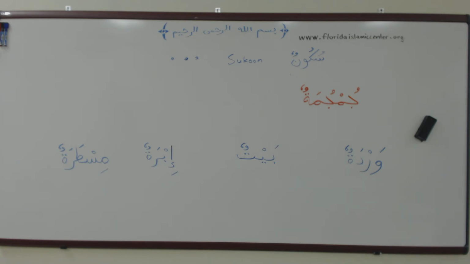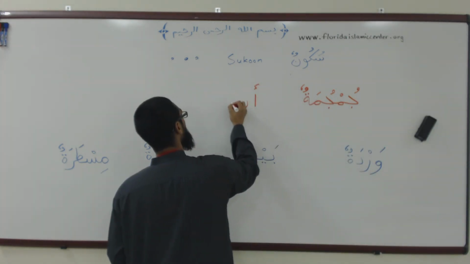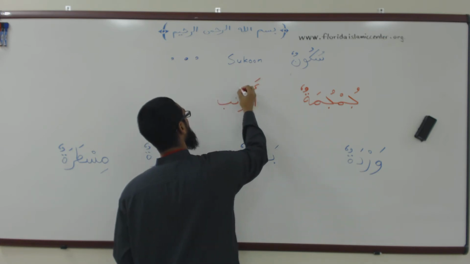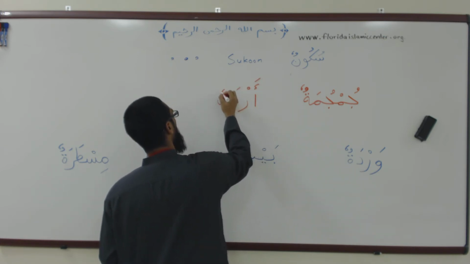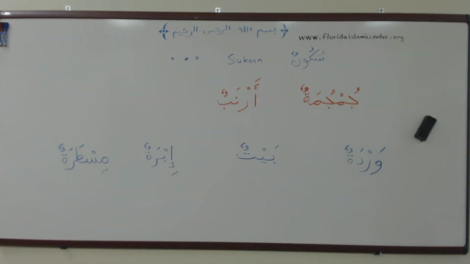Very good. Jumjuma, right? What's the word for a rabbit? Arnabun. Remember that in Arabic, the ra is pronounced off of the tongue. So if you say it the English way, it's wrong actually. Arnabun. Arnab is a rabbit.